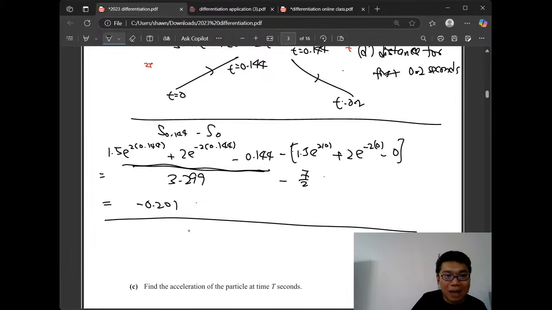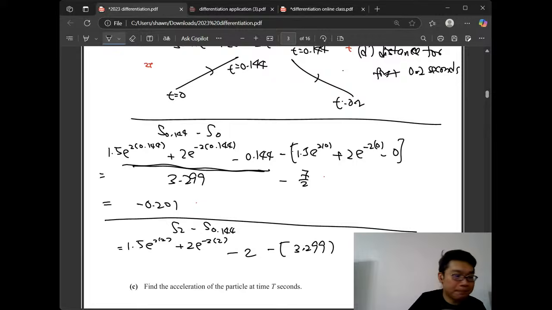Since it's an additional question, we do it together. So how about from s(0.144) to s(0.2)? So we need to count the s(0.2), minus this 3.299. Okay, let's go. Oh, wait, isn't it a very, very big value?